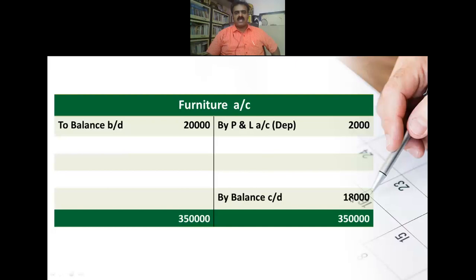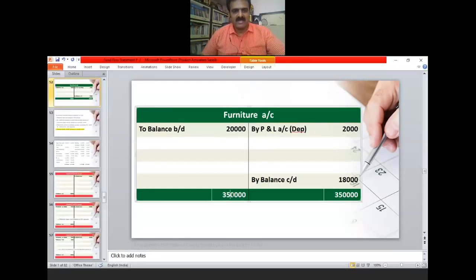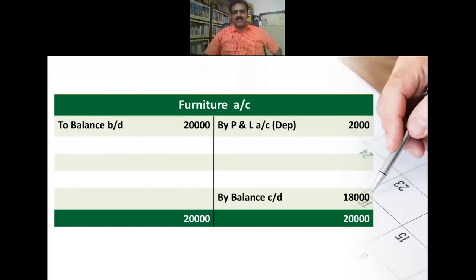Both the sides are the same, 20,000 rupees. That is with respect to the furniture account.